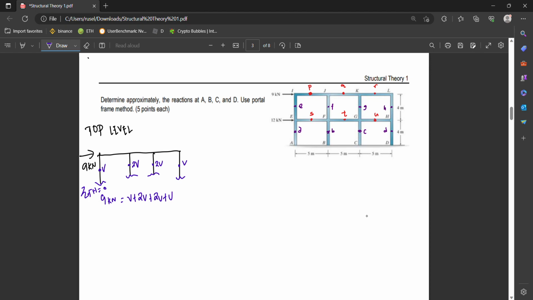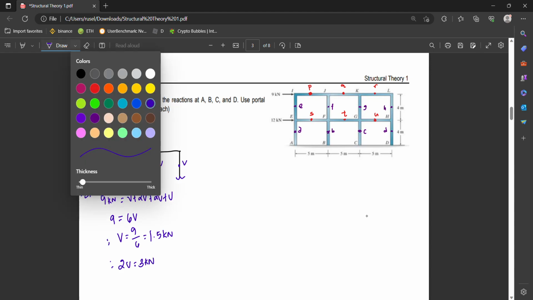So 9 equals 6V. Your V is equal to 9 over 6, which is 1.5 kilonewton. Then your 2V here is 3 kilonewton.